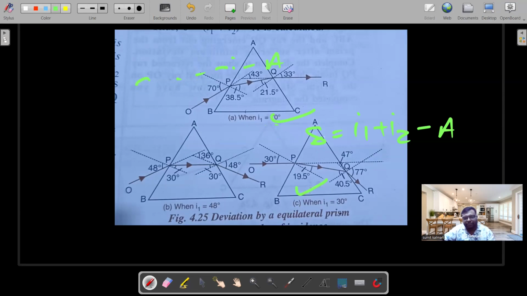So you can calculate the deviation in A and C. This was all about the solution of this problem.